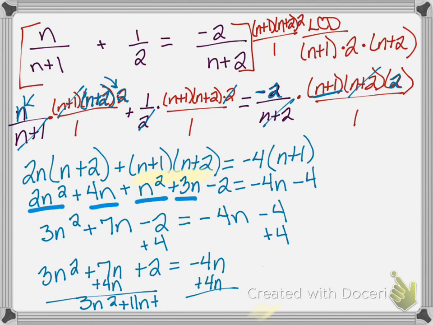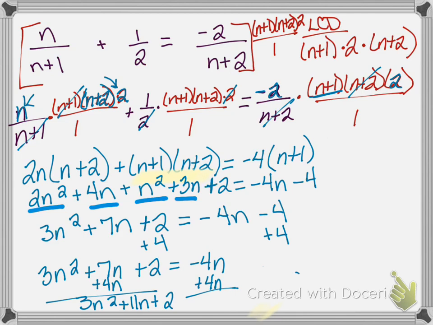Did I make a mistake somewhere? Oh, no, maybe not. Yep, I must have. Oh, I think my 2 is supposed to be positive. Yep, that's where my mistake is. Okay, so this 2 is supposed to be positive.